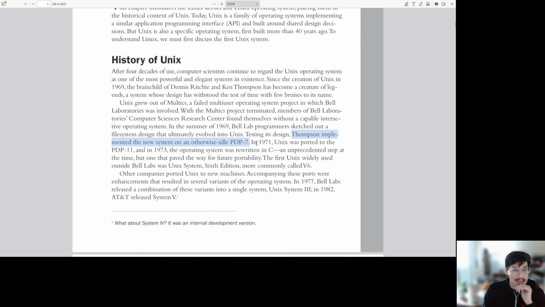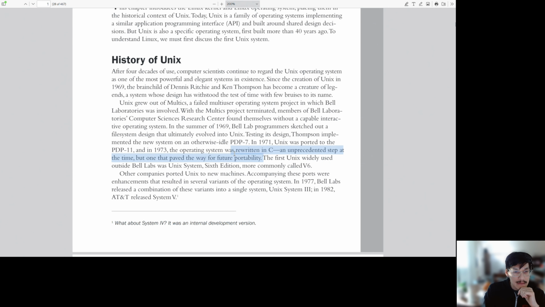In 1971, Unix was ported to the PDP-11, and in 1973, the operating system was rewritten in C, an unprecedented step at the time, but one that paved the way for future portability.